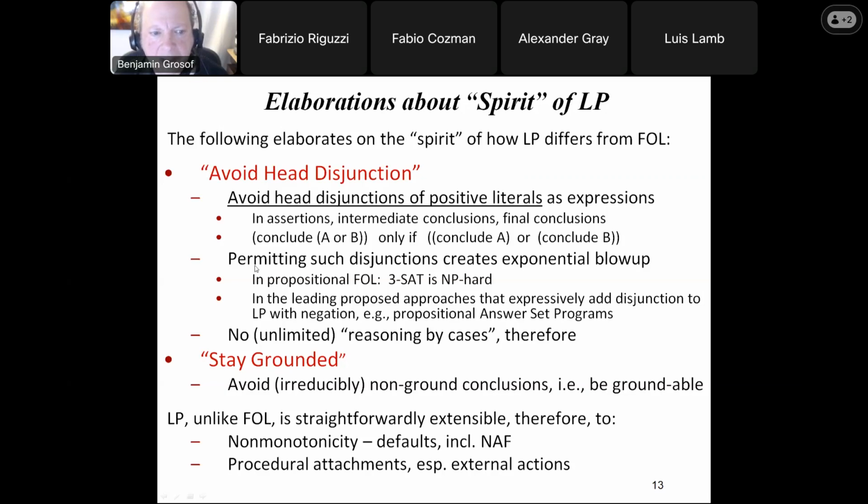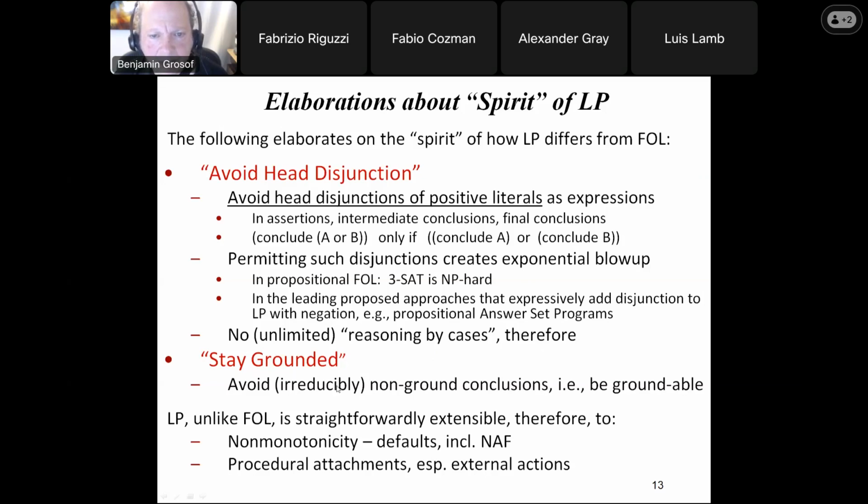The reason to do this avoiding is, as I mentioned, that permitting these disjunctions creates exponential blowup, and even in the propositional case of FOL, produces NP hardness, in other words, intractability. And that's true for many other KRs that expressively add disjunction to LP with negation. So there's no unlimited reasoning by cases, therefore.